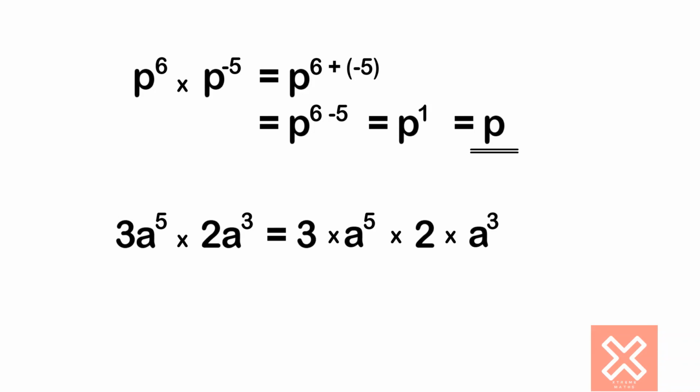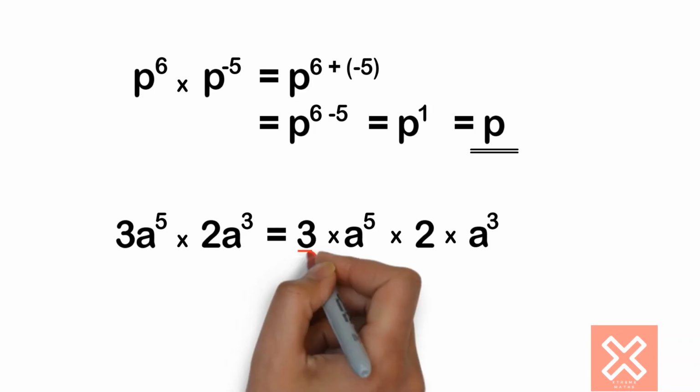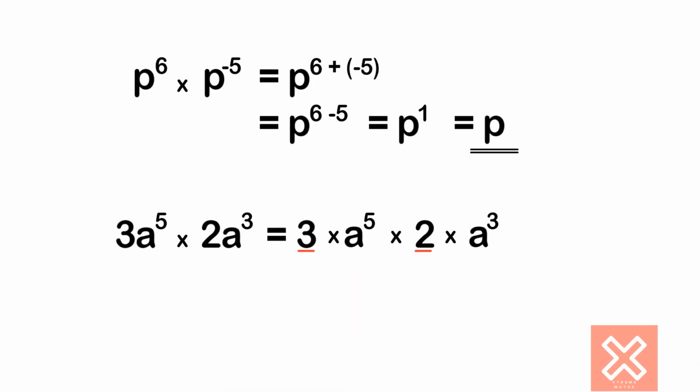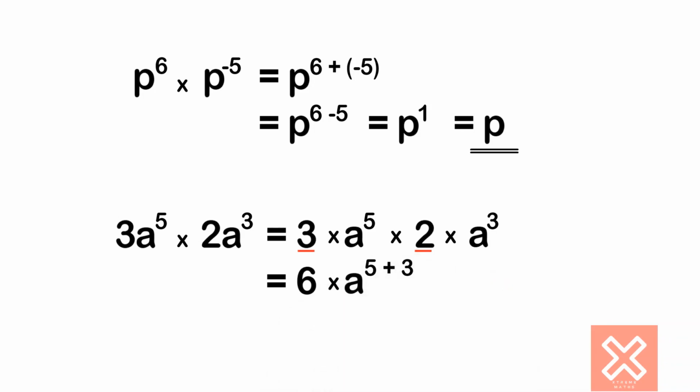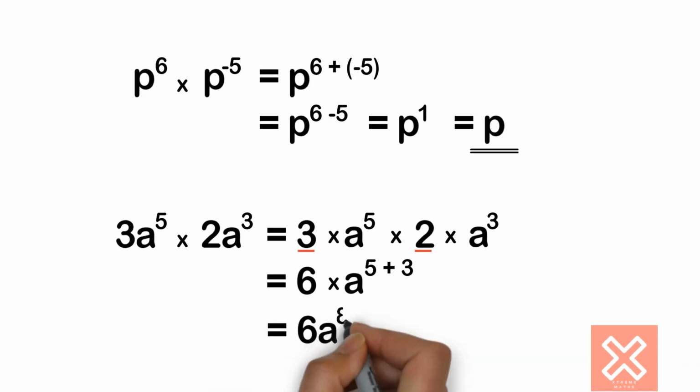First multiply the numbers, 3 times 2, 6, into a to the power 5 plus 3. Write the answer here: 6 a to the power 8. In a situation like this, multiply the numbers and add the indices.